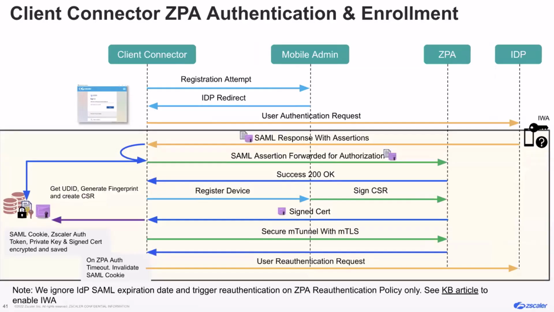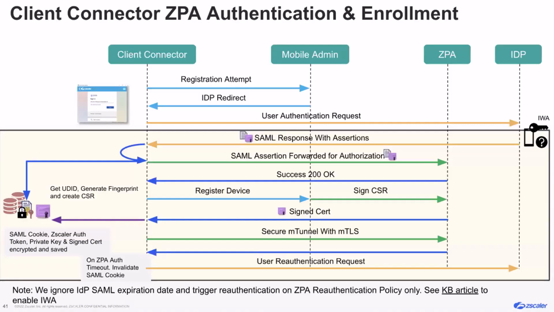And we then in turn use that certificate that just got signed as a way to create an M tunnel, right? Because remember, every request to a ZPA resource requires an M tunnel, and every M tunnel uses the signed certificate that we just received from the ZPA broker.